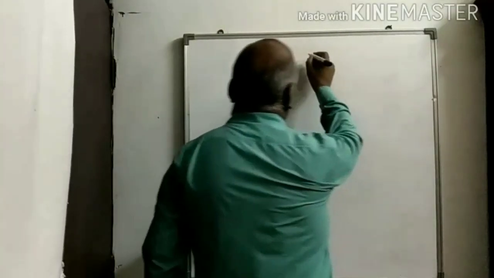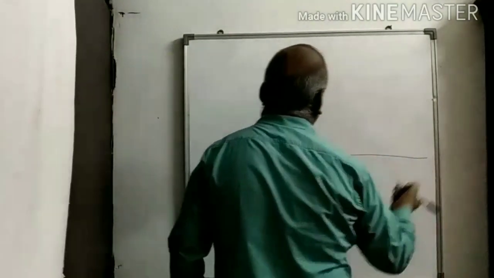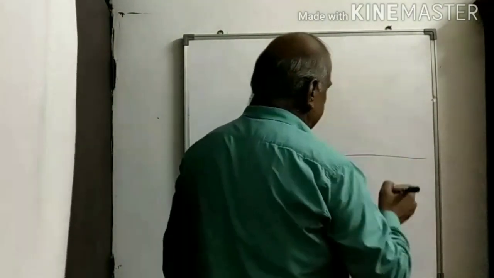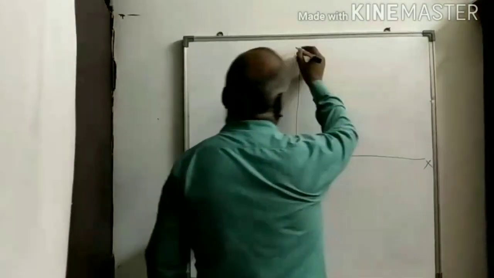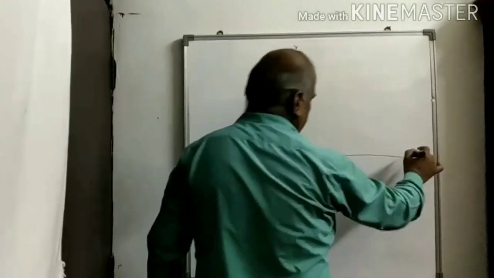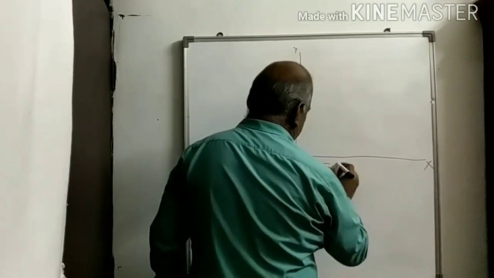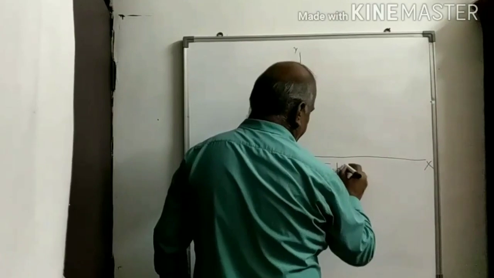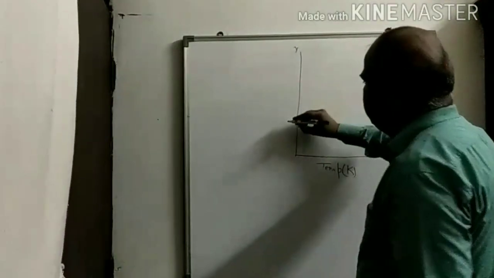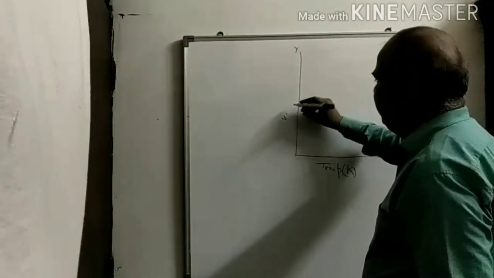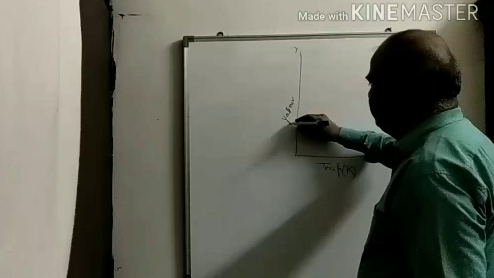To better understand how to calculate the elevation of boiling point, let us consider a graph drawn between the x-axis and y-axis. On the x-axis is taken the temperature reading in Kelvin, and on the y-axis the reading of the vapor pressure.